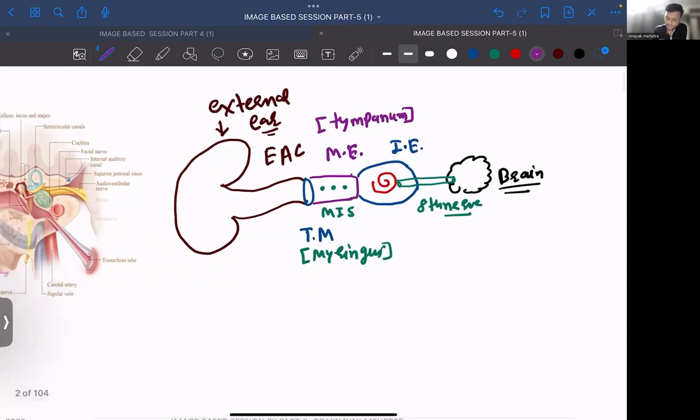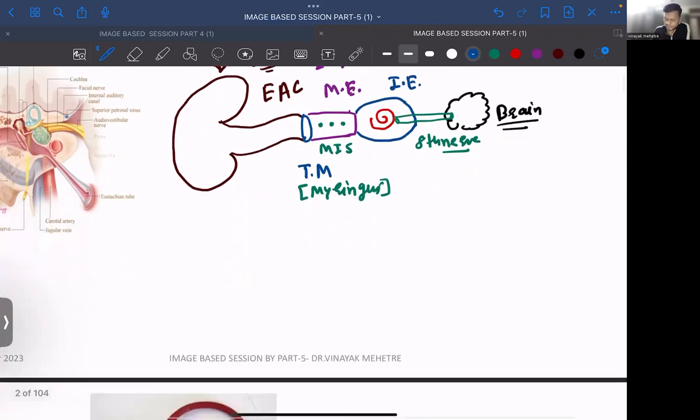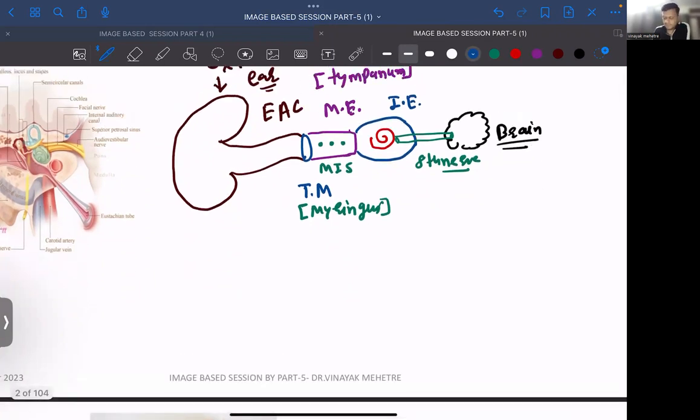Okay, did you remember this image? Now remember, any disease which is present in the external ear to the middle ear will cause conductive hearing loss.